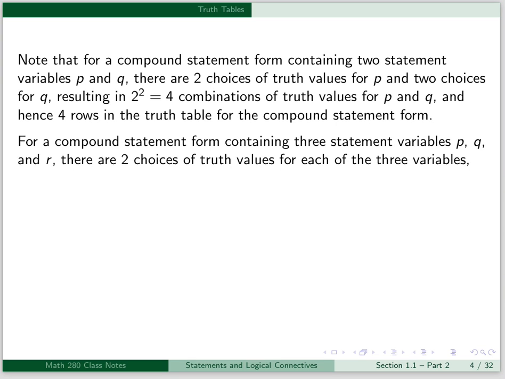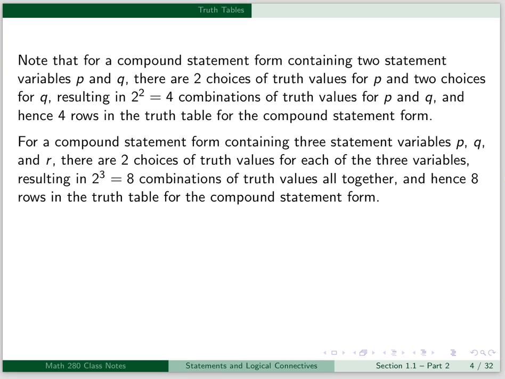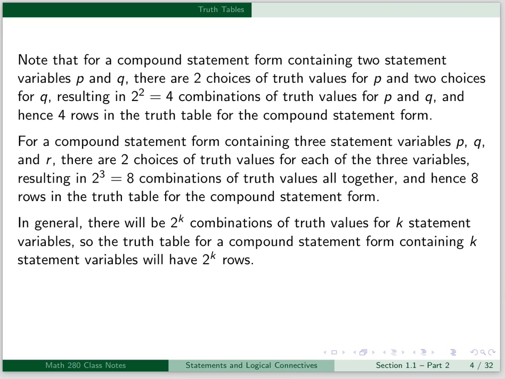For a compound statement form containing 3 statement variables p, q, and r, there are 2 choices of truth values for each of the 3 variables, resulting in 2 cubed or 8 combinations of truth values altogether, and hence 8 rows in the truth table. In general, there will be 2 to the k combinations of truth values for k statement variables, so the truth table for a compound statement form containing k statement variables will have 2 to the k rows.